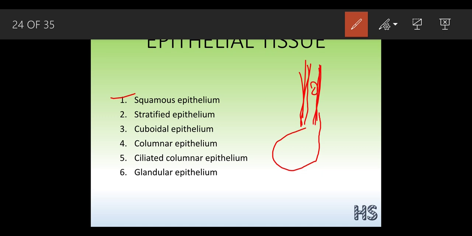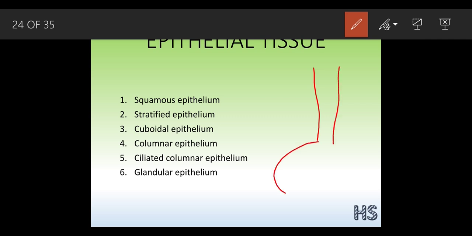What is the function of this squamous epithelium? The function of this squamous epithelium is to protect the body or the internal organs from any injury or from any germs that enter into our body. And why is this flat in nature? Because if food is going to enter, suppose I make a single line only.